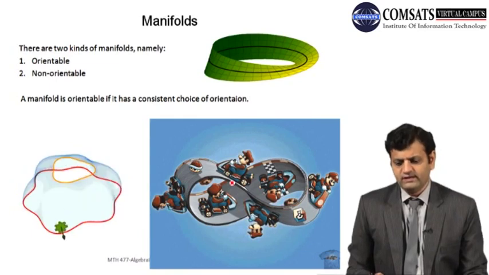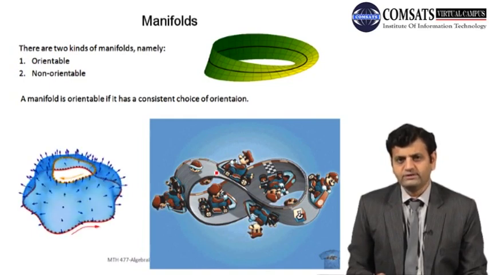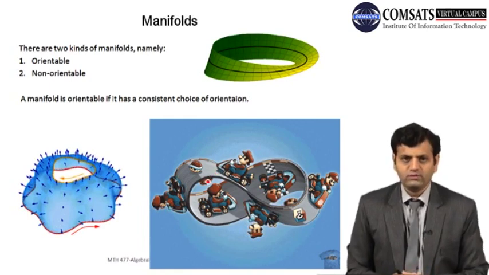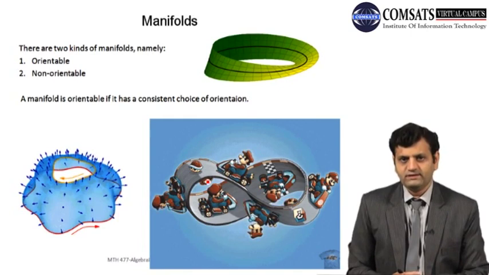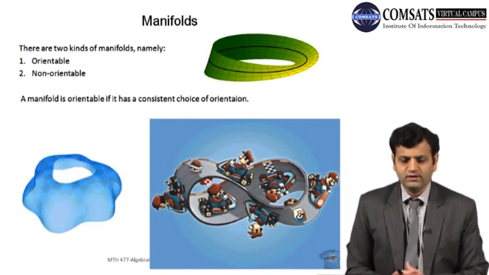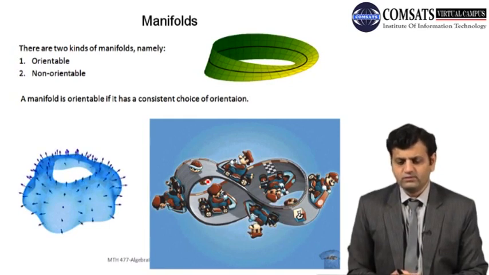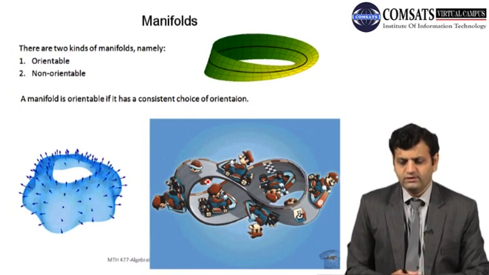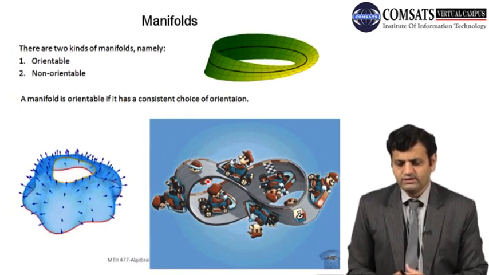So in other words, there is not a unique normal vector at any point of the Mobius strip, or we can say that there is no orientation. For example, we don't know what is the upside and what is the downside. So we don't have any concept of orientation in the case of Mobius strip.